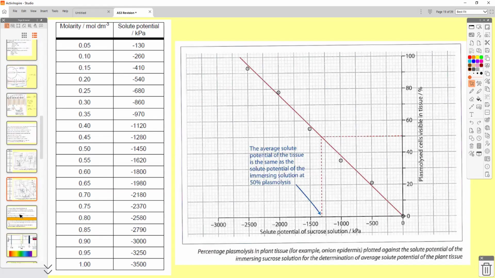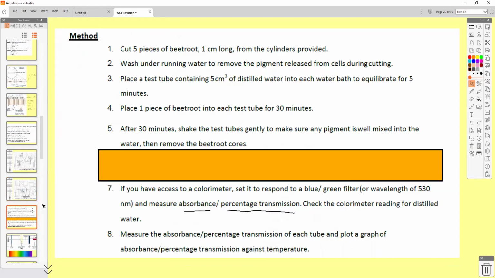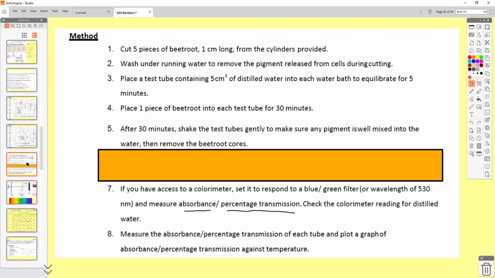Okay, next one then is looking at the beetroot, or using your beetroot in this case, and then we would use our colorimeter. Okay, so with this one, you can see this is the beetroot one. You have different concentrations, some of which will cause the cells to break, or lysis to occur, which will leak out some of the pigment within the beetroot, and the solution goes darker.